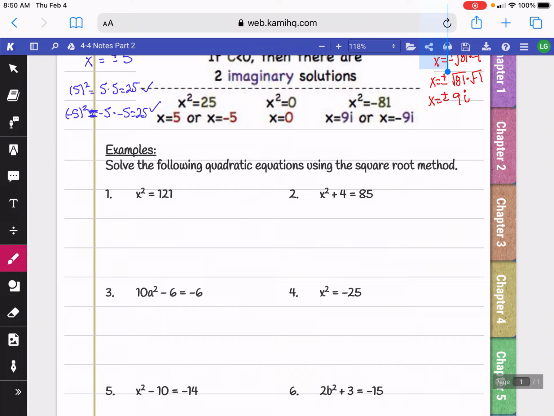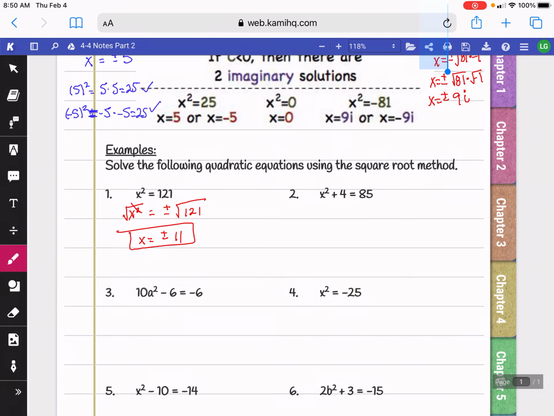So here we have x squared equals 121. If I want to solve, I'm going to square root both sides. So I get positive or negative root 121. So x is equal to positive or negative 11. Really, that means you have two answers, x equals 11 and x equals negative 11.